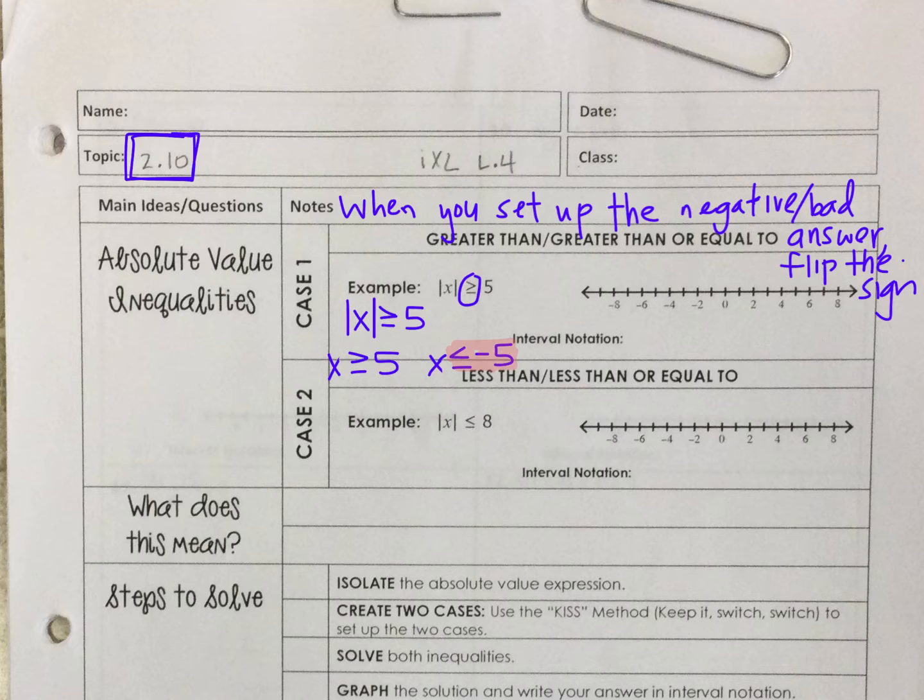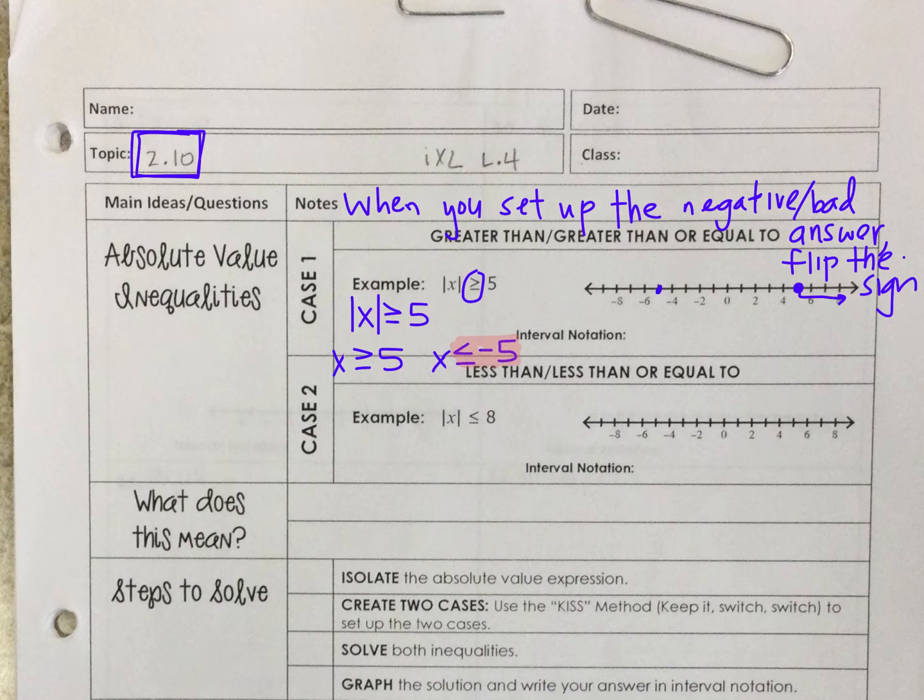So if I were going to graph this, I would say solid circle on 5, and it's going to go that way. And this is going to be a solid circle on negative 5, going to go that way. So to write that in interval notation, negative infinity, negative 5 bracket, or bracket 5 infinity parenthesis.